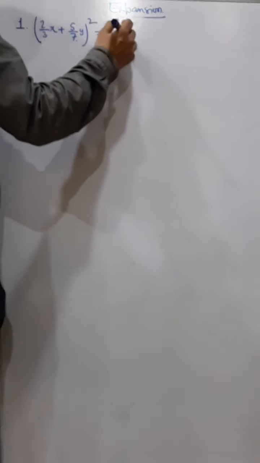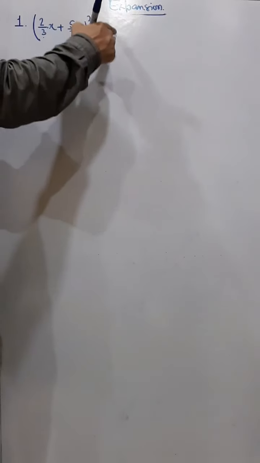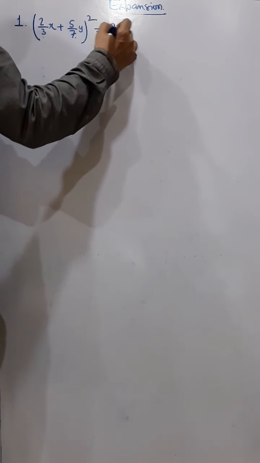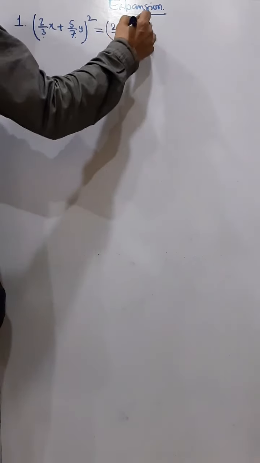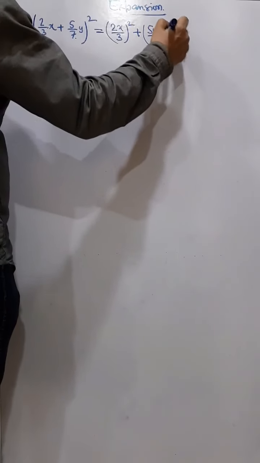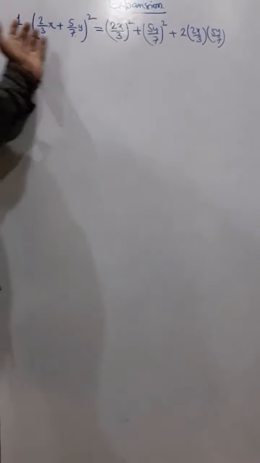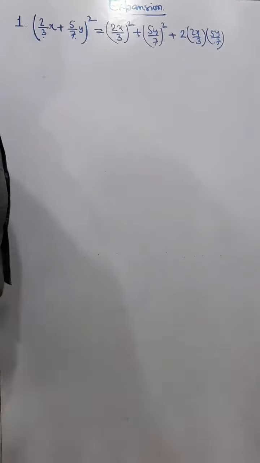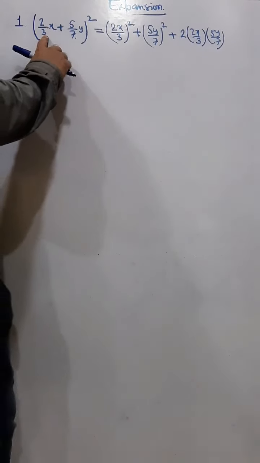So I'll simply utter the formula: a square plus b square plus 2 into a into b. Understand? We'll always say it in this way in the form of a plus b, otherwise there will be confusion.